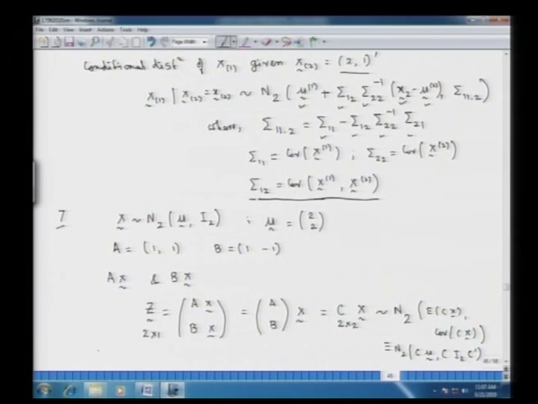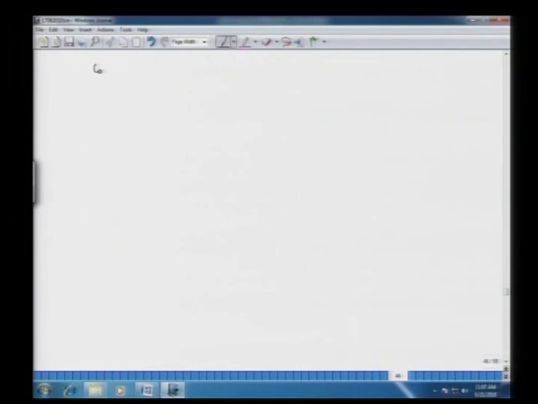So the thing of interest would be the covariance of Ax and Bx. The covariance of Ax and Bx is given by A times the covariance matrix of X, that is I2, and then B transpose, right. Now let us see what this is equal to. It is A sigma B transpose, and sigma we already have as I2, so A I2 B transpose.